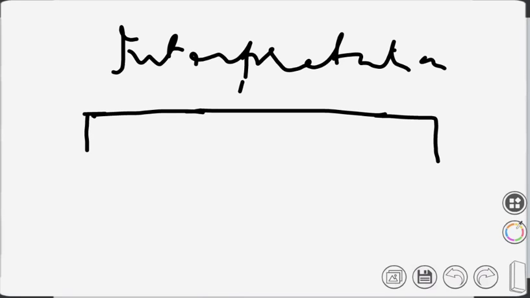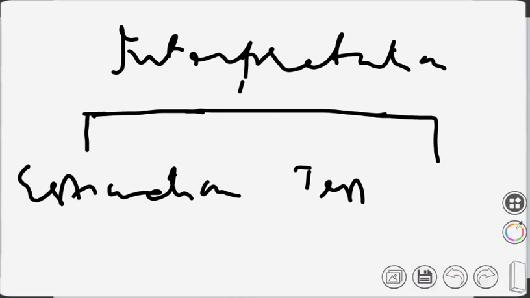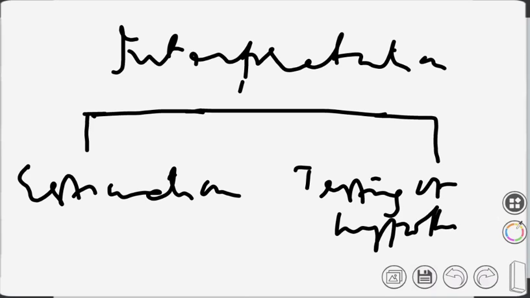One we have said is estimation, and the other one is testing of hypothesis. These are the two ways of interpretation, using the sample where our objective is to find the different characteristics of the population. Everything about the sample is known and everything about the population is unknown.